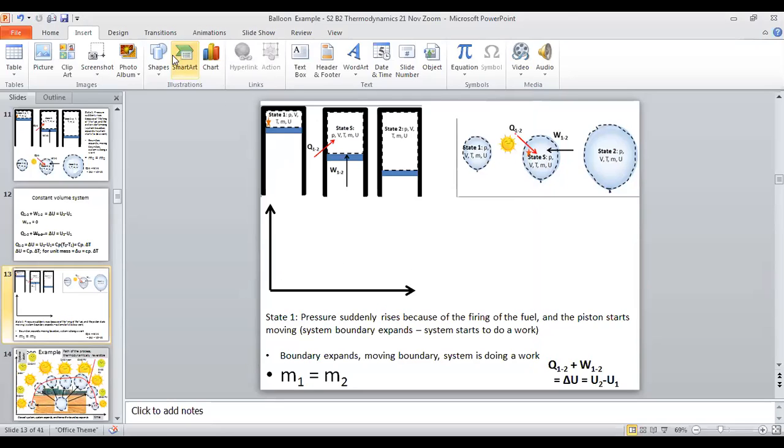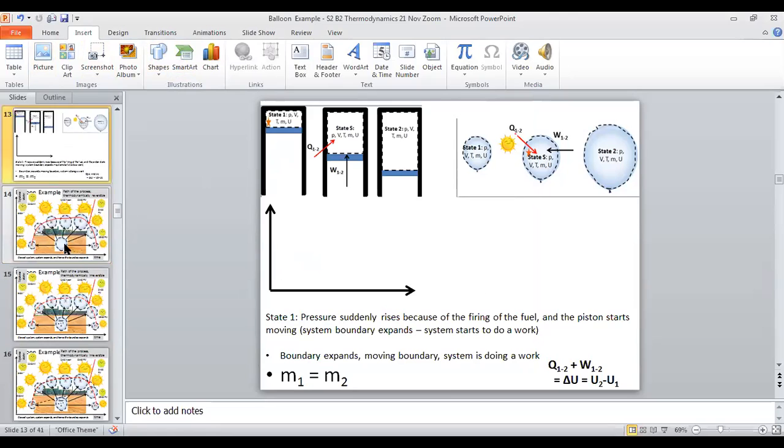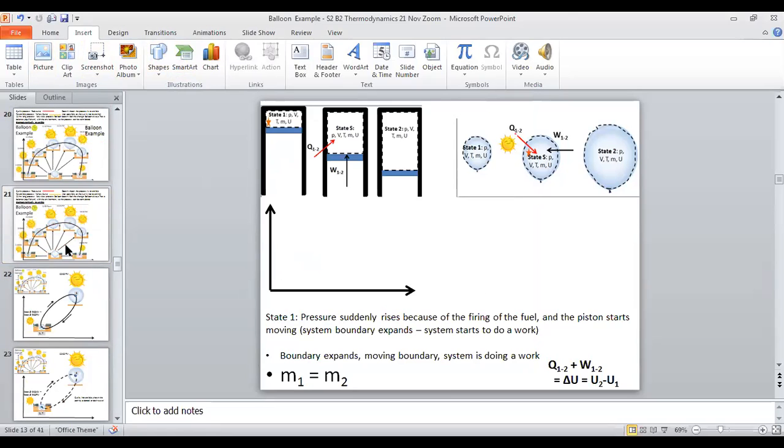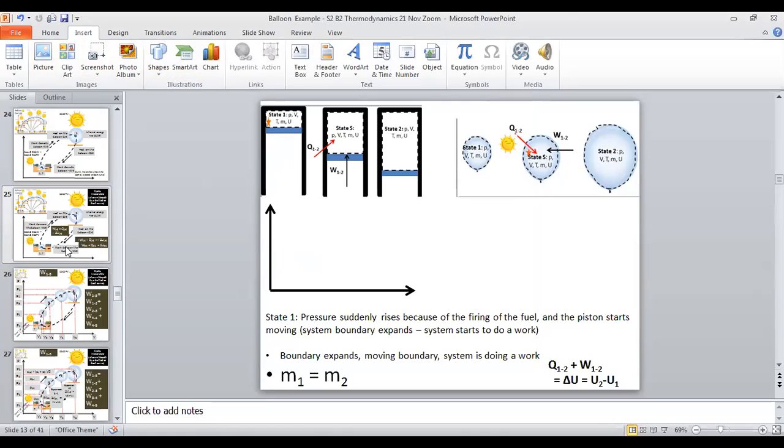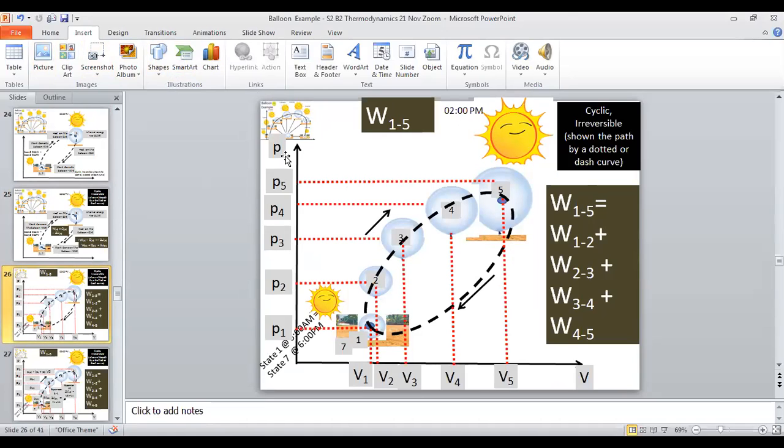So you can say here, same like the previous one, you have learned the pressure and volume diagrams to evaluate the work done.